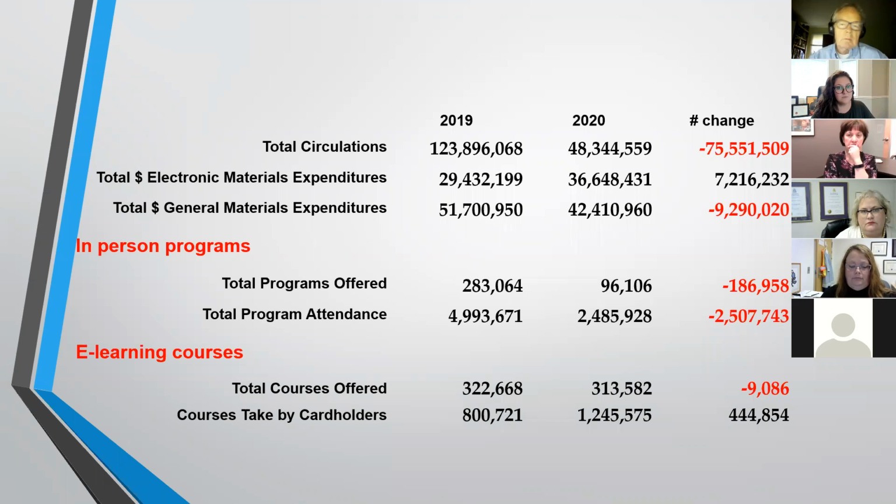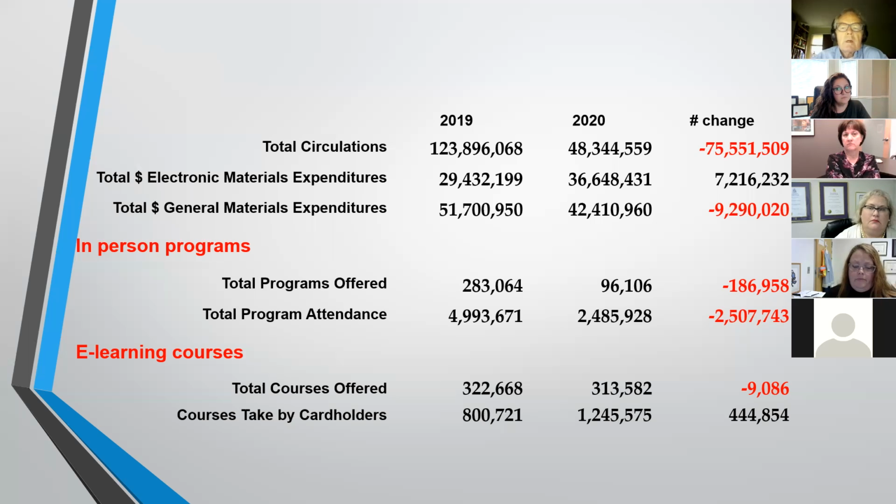Circulations are down. People are walking into the library less. The trend, we'll look in just a second, we'll look at charts of some of these so that people who like charts can see the data graphically. But the expenditure figures continue a trend that has gone on for quite some time and has been reported in the FOPL Data Report for some years now.